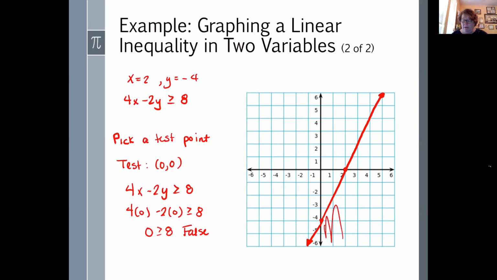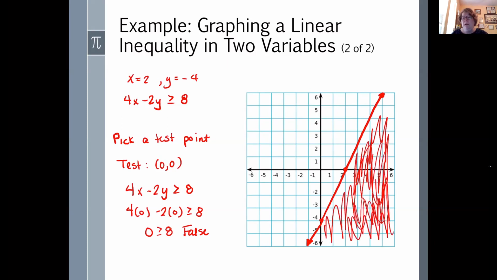So I'm going to shade below the line. In MyMathLab, you have a bucket tool. So you would choose the bucket tool and then select the area that you want to shade, in this case below the line. And you're going to use your bucket tool to shade that area, that half plane in the coordinate plane.